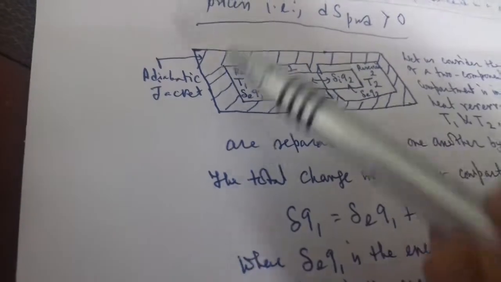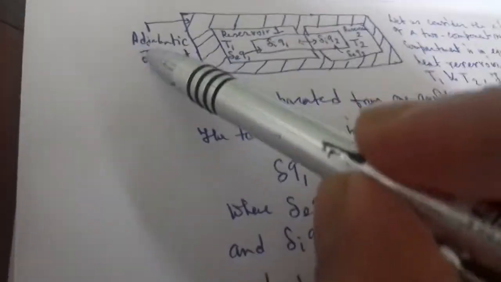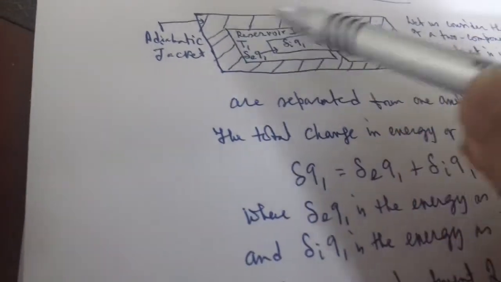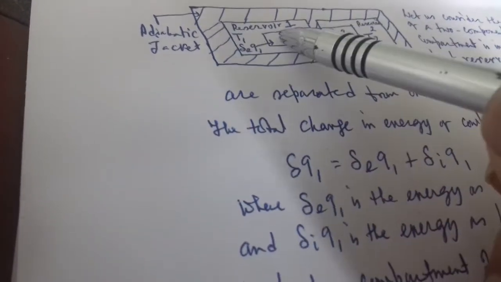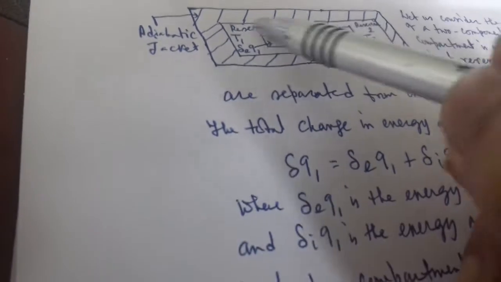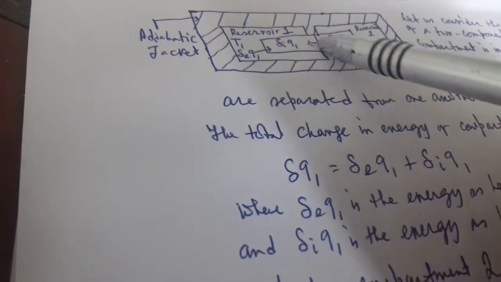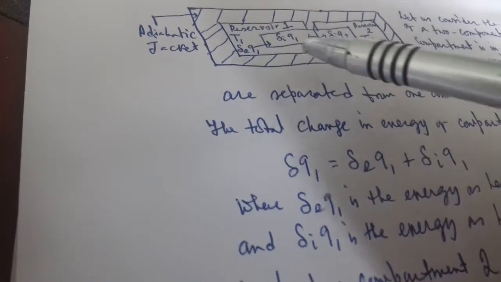For that, the model we consider is drawn here, where the system is isolated and an overall adiabatic jacket is put. Inside, you can see there is a chamber, compartment 1, and this small chamber is compartment 2.